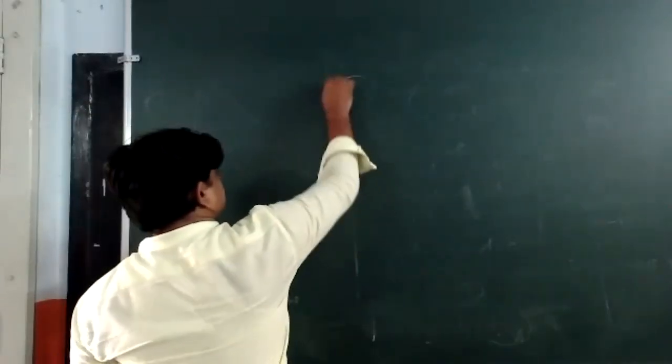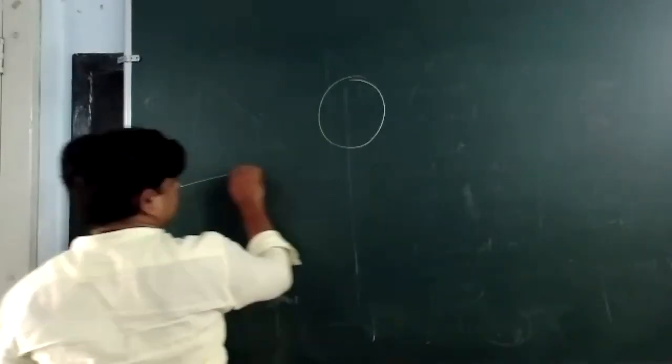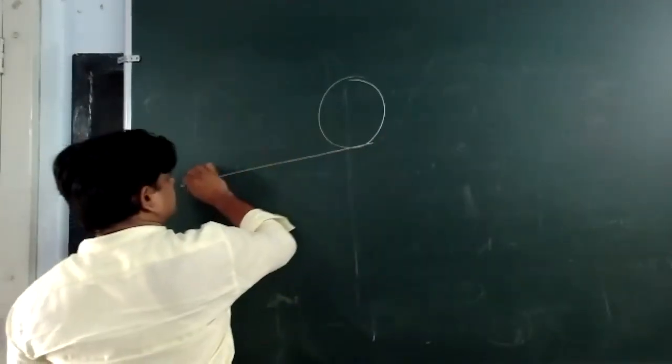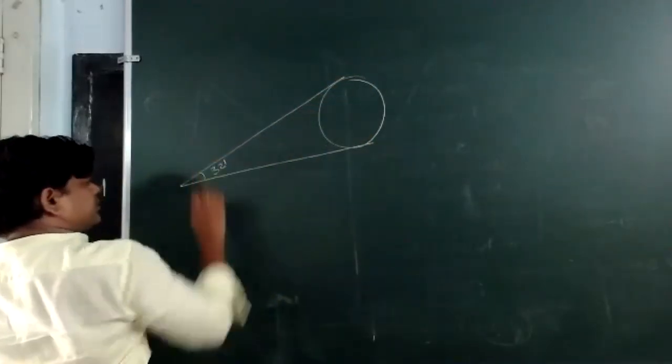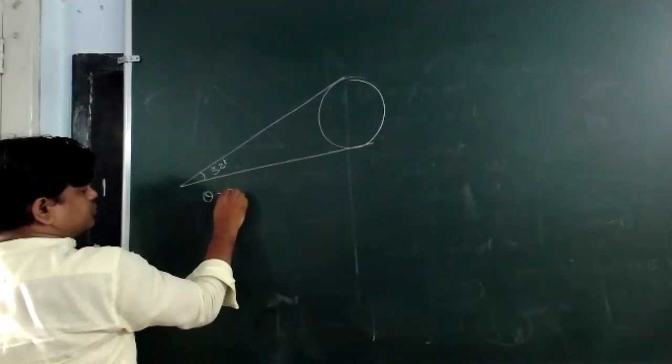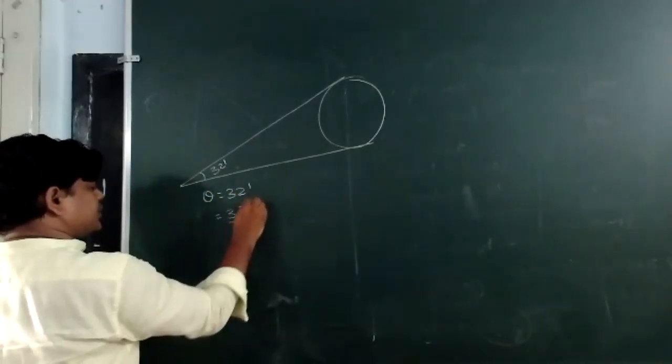Listen to me. It is the sun. Here the observer is there. And this angle is given, 32 minutes. Theta is equal to 32 minutes. It can be written as 32 upon 60 degree.